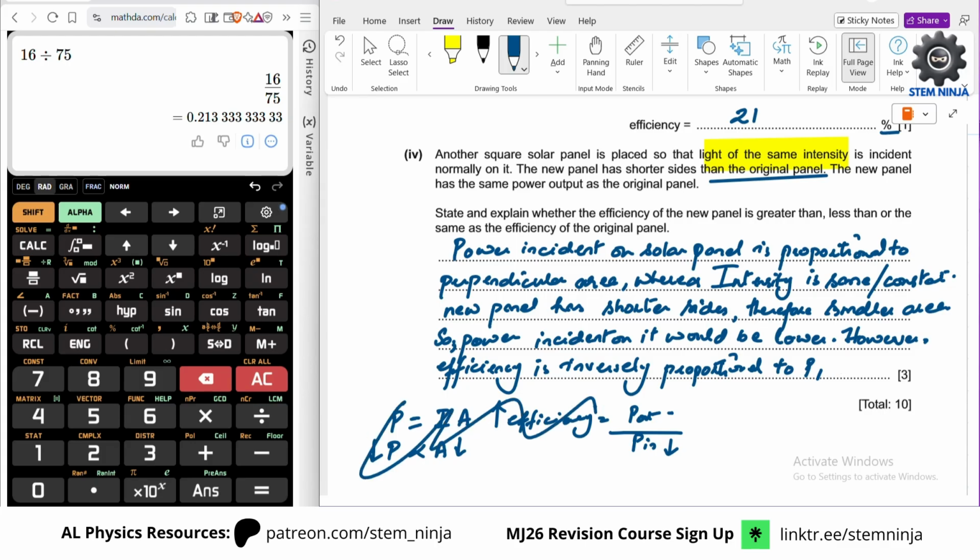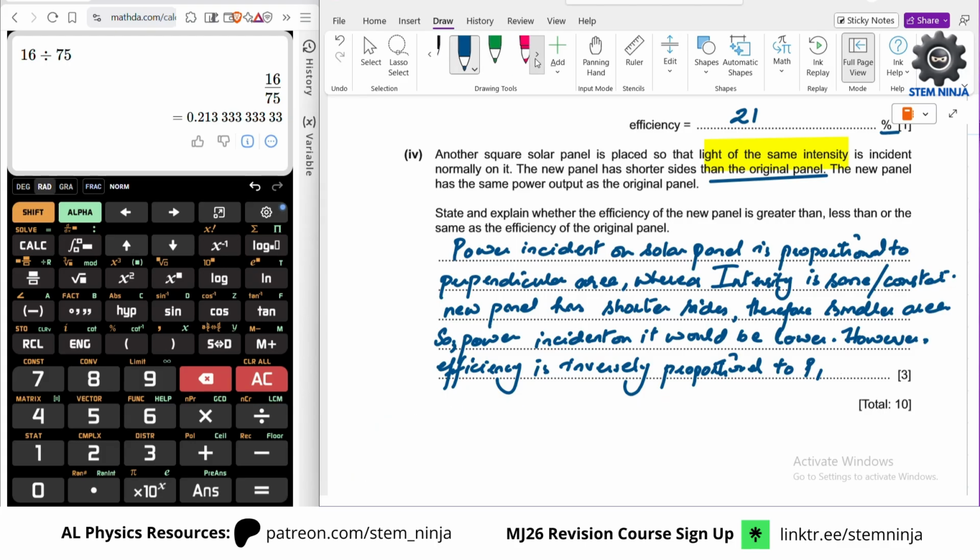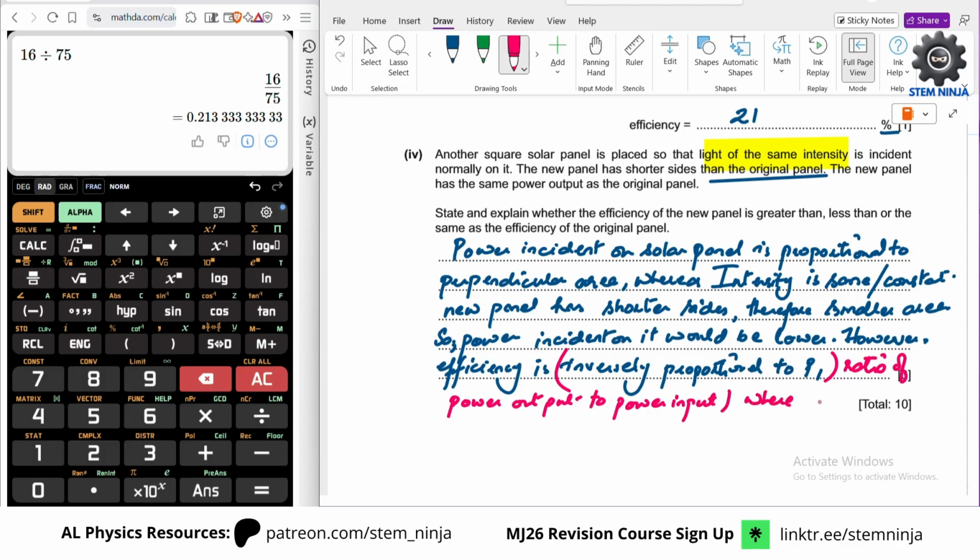So instead of this, efficiency is the ratio of power output to power input, where power output is the same.